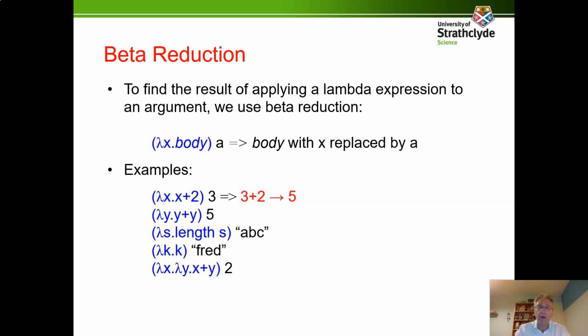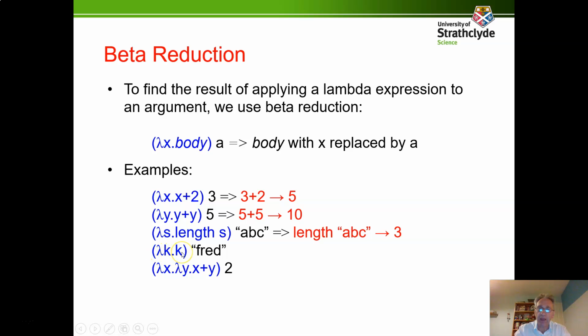So we're going to write down 5 plus 5 as the beta reduction, and then we evaluate that to get 10. Similar here, we're going to write down the body, length of s, but with ABC in there instead, and then the lambda disappears. So we get length of ABC, so that's length of s, s is ABC, and then you get 3 as the result.